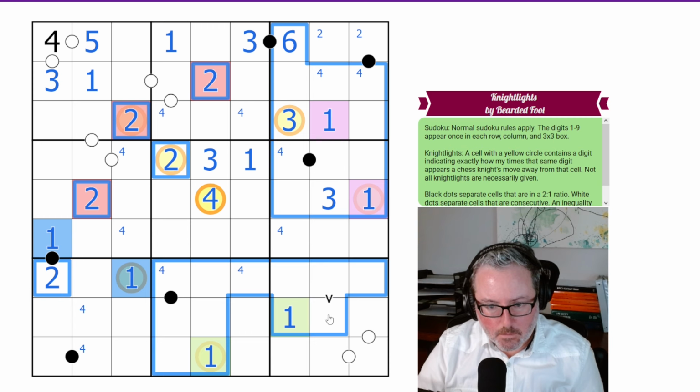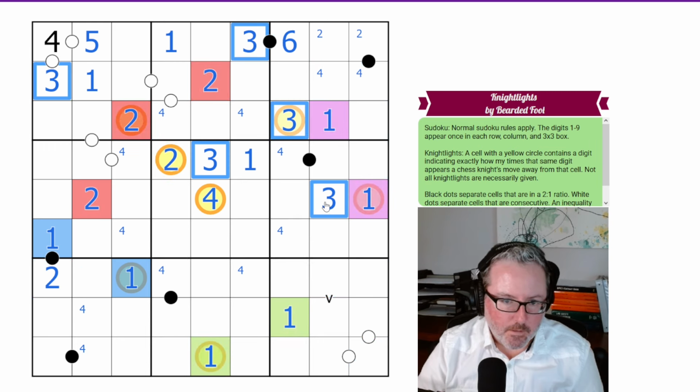And clearly, well, that's not clear at all. This can't be a 2 because it forces a 1 and a 3. 2, 3, 4 works, so I can't rule out 2 on either of these. So I don't know that that 2 is going to do much more. Do we have anything going on our 3s?